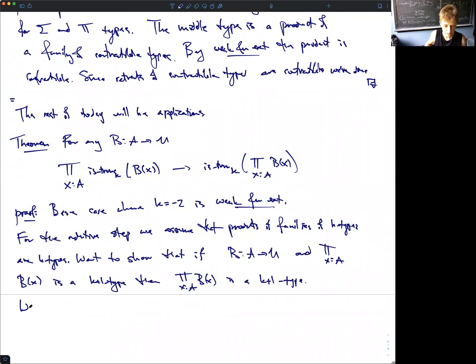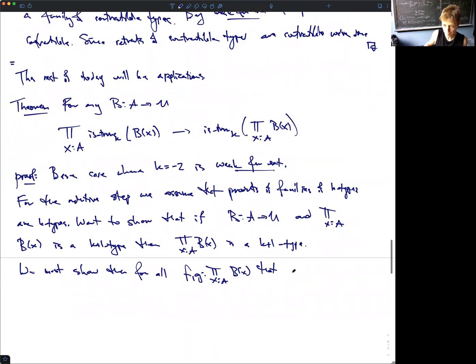So we must show, recalling the definition of what it means to be a k+1 type, that for any terms f, g in this type, the identity type f equals g is a k-type.